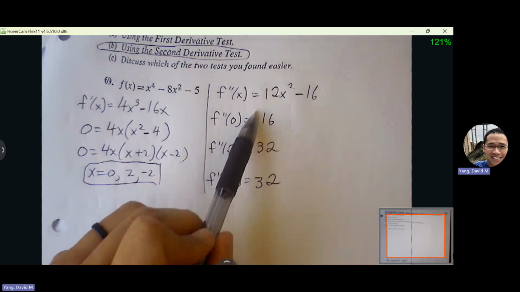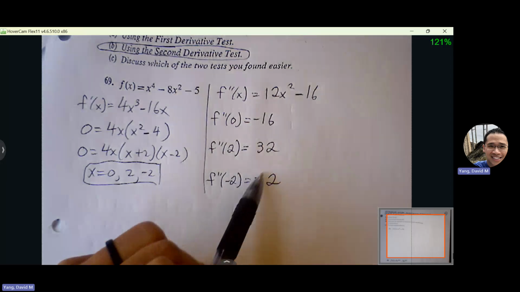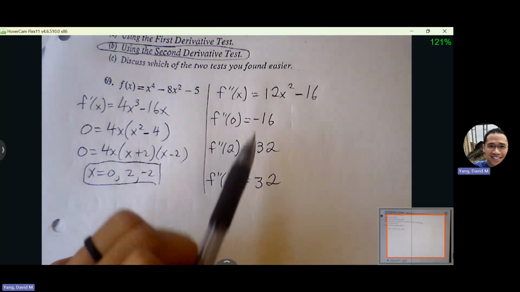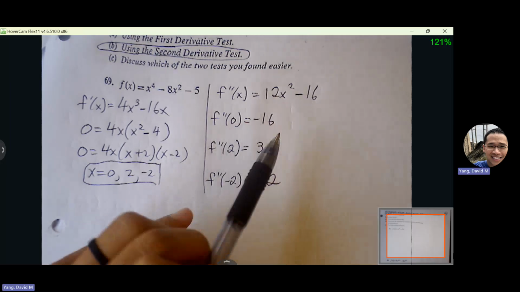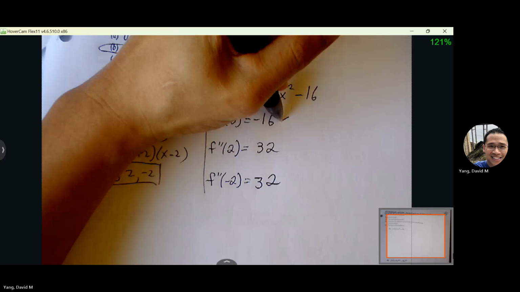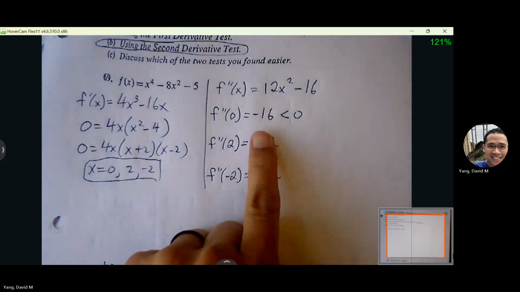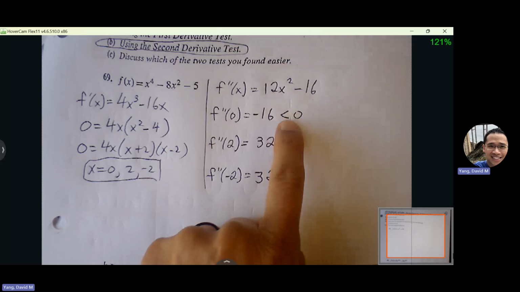Again, we really have to not pay attention to these numbers. Just consider it positive and negative, but that's all we care about. So these numbers are not going to play a role except to tell us whether it's positive or negative. All right, so at 0, my concavity value is negative 16.